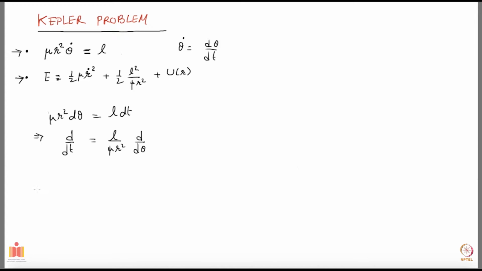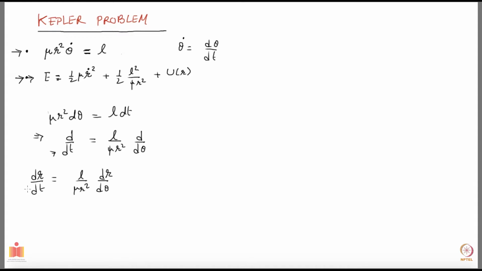Okay, so I'll use this one and write dr over dt as L over mu r square d over d theta, acting on r. Okay, that's nice.